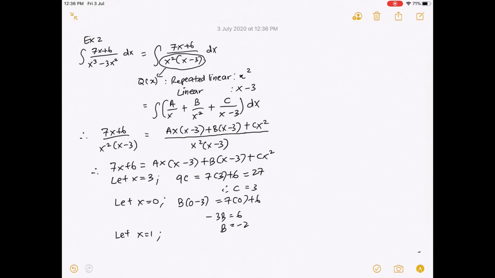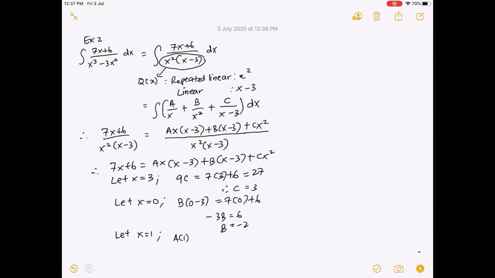Okay, and then I'll let my x equal 1. You can let your x be anything, actually, but I choose the one that will make my process to find the value of a, b, and c easier. So if I let my x equal 1, no variable will be equal to 0.